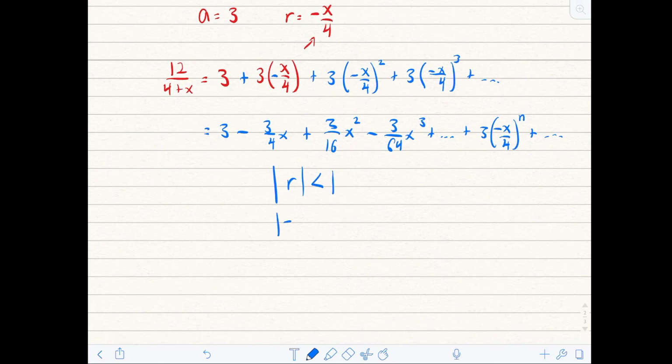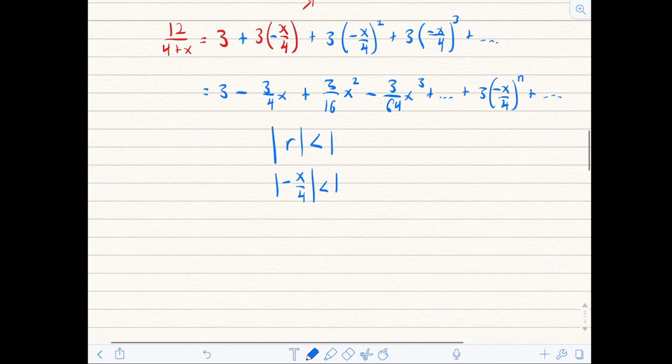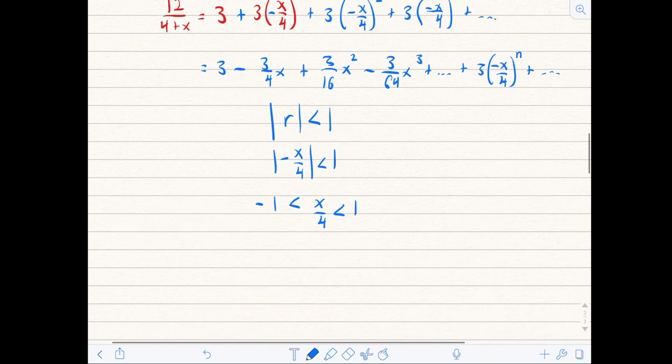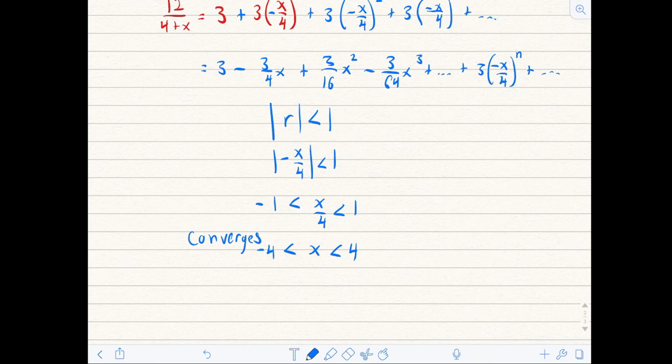So the absolute value of negative x over 4 is going to be less than 1. The negative goes away because of the absolute value. So I'm still going to say negative 1 is less than x over 4, which is less than 1. And so it converges from negative 4 to 4. So that's when it converges, that specific series, or power series.